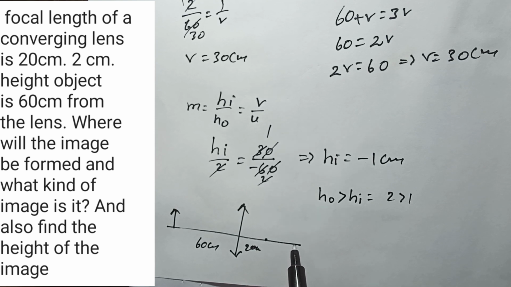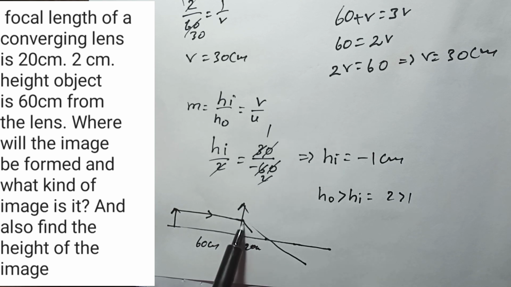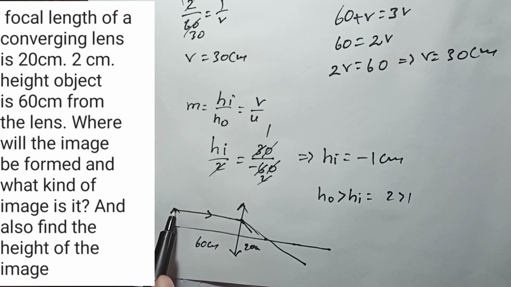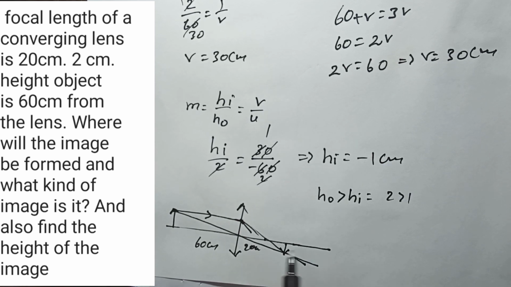So now here our focus will be present. Incident ray parallel to the principal axis, then refracted ray passes through focus, then one more light ray passing through optic center, which is not deviating. So here to here 30 centimeters image distance.